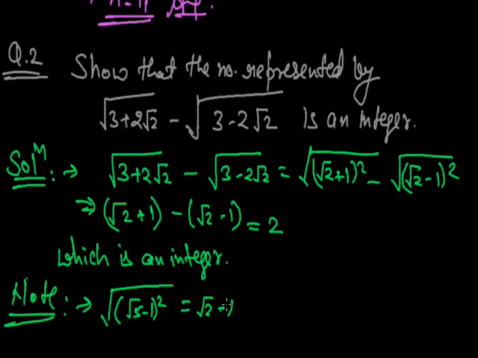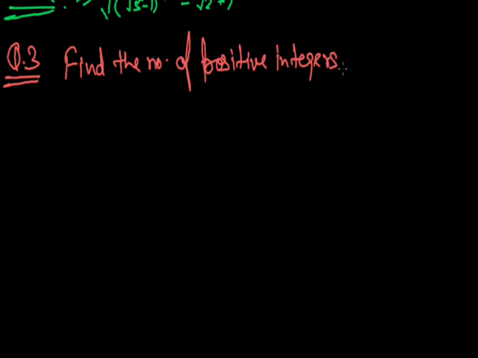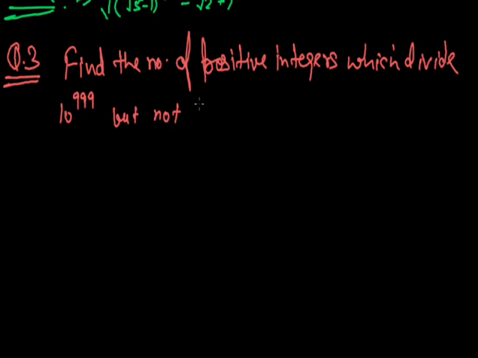Moving to our next question, question number 3: find the number of positive integers which divide 10 raised to power 999 but not 10 raised to power 998.